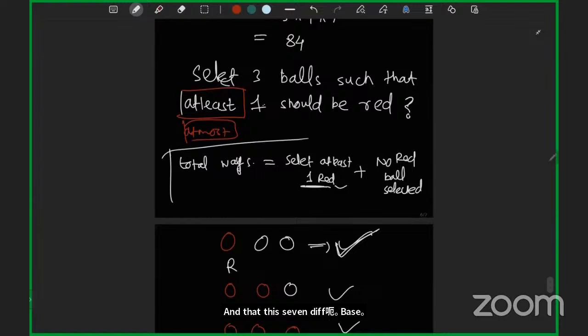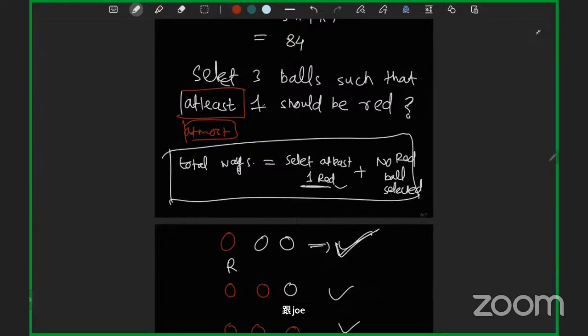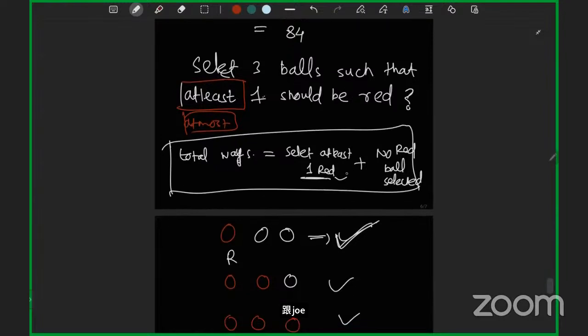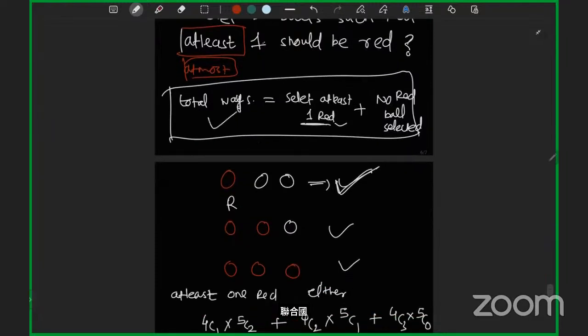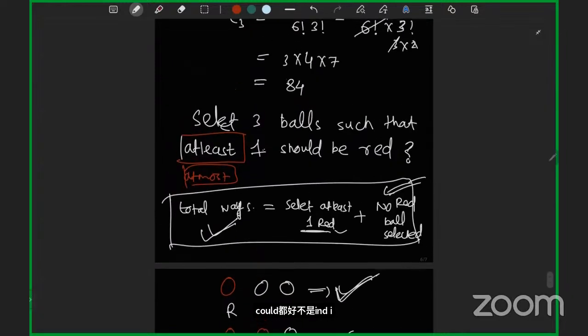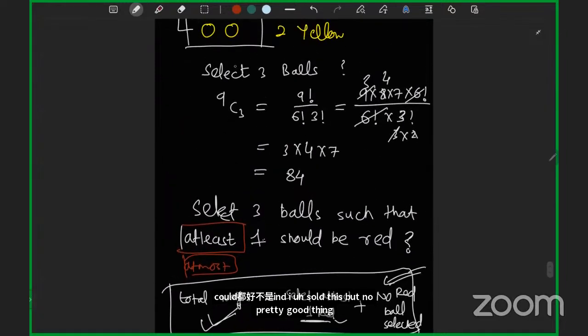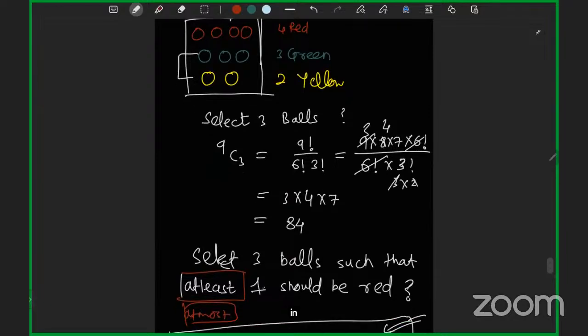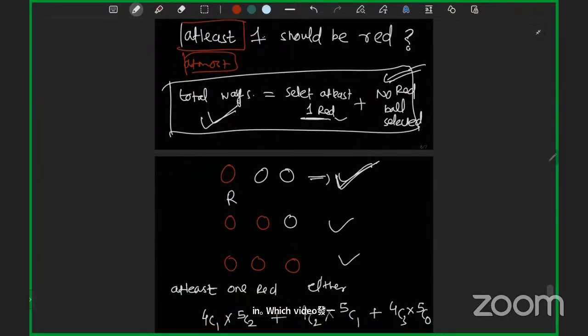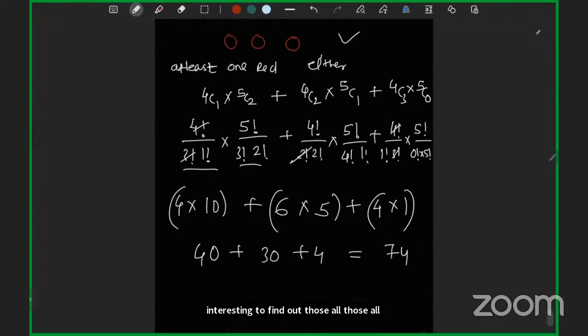Okay, so then why I wrote this, how to do it the other way. In this case, I know how to select three balls out of all, and I can solve this part: no red ball should be selected, which is very easy. Five out of five, choose all three. That is the no red ball case. Then I'll subtract it out of total ways.